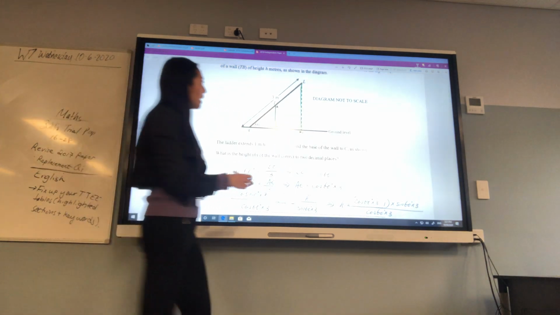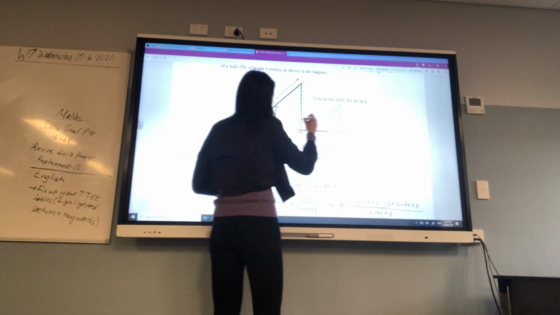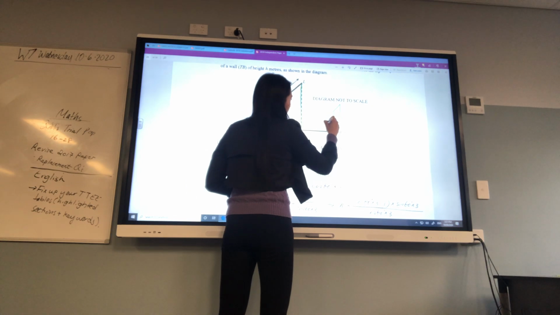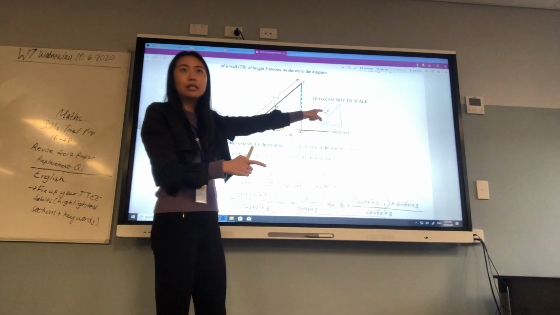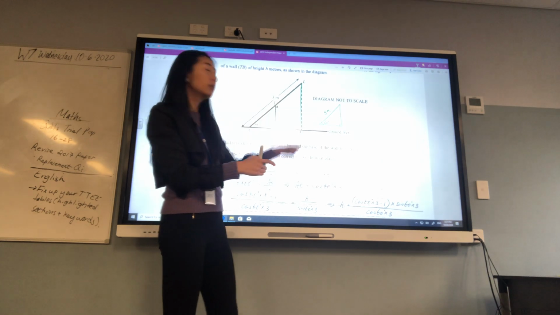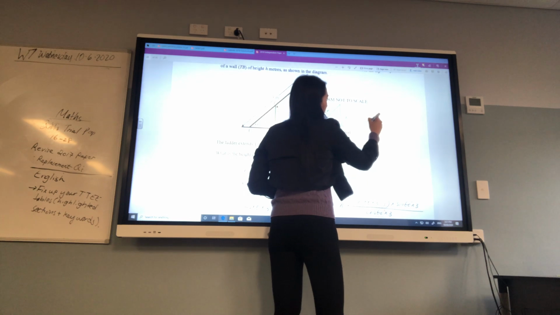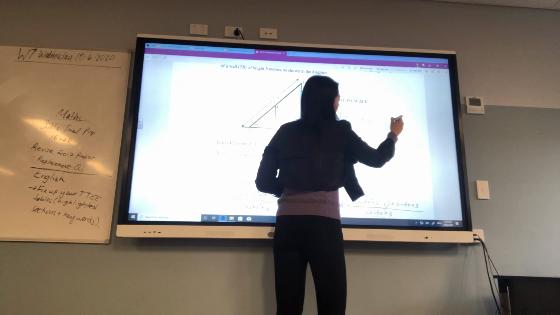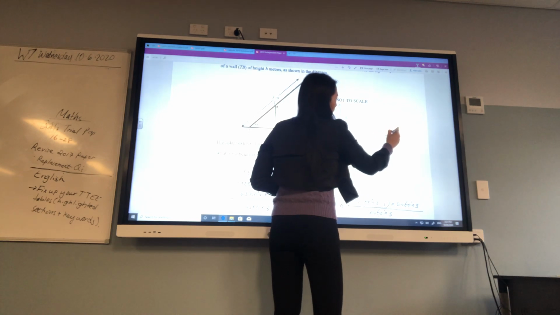But in a big right angle triangle, you have 60 degrees, and this is 3 meters. You're able to find that side by using sine. Let's say it's x: sine 60 degrees is equal to x over 3. So x is equal to 3 times sine 60 degrees.